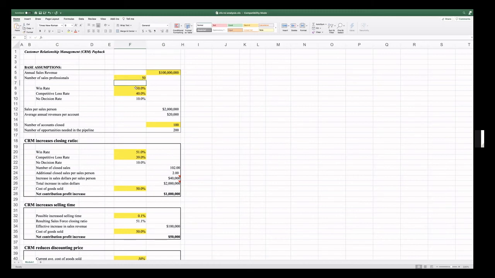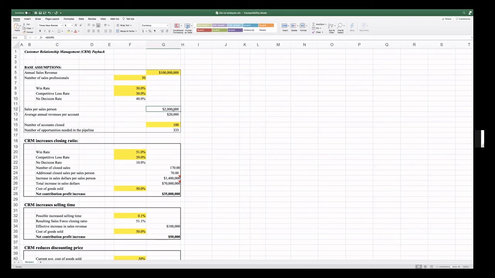And your win rate is, actually, let's make it more realistic, 30%. And you're losing 30% to competitors, and you're losing 40% to no decision, which is actually something you need to consider. Then your salespeople are simply expected to do about 2 million each.